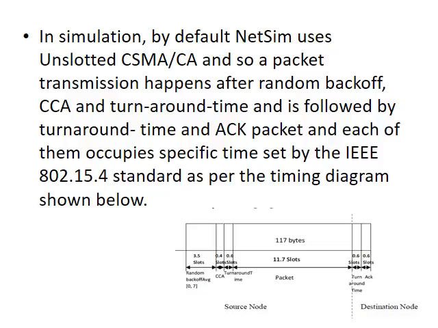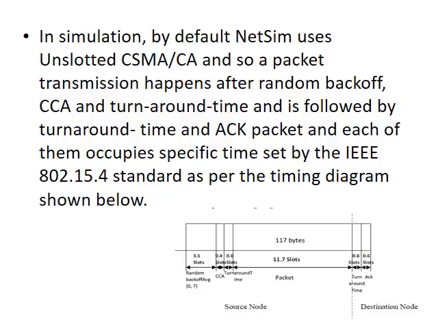The timing diagram shows exactly how this allocation is done. Initially there's the random backoff average, which takes about 3.5 slots, followed by CCA, which is 0.4 slots, followed by the turnaround time, which is about 0.6 slots.